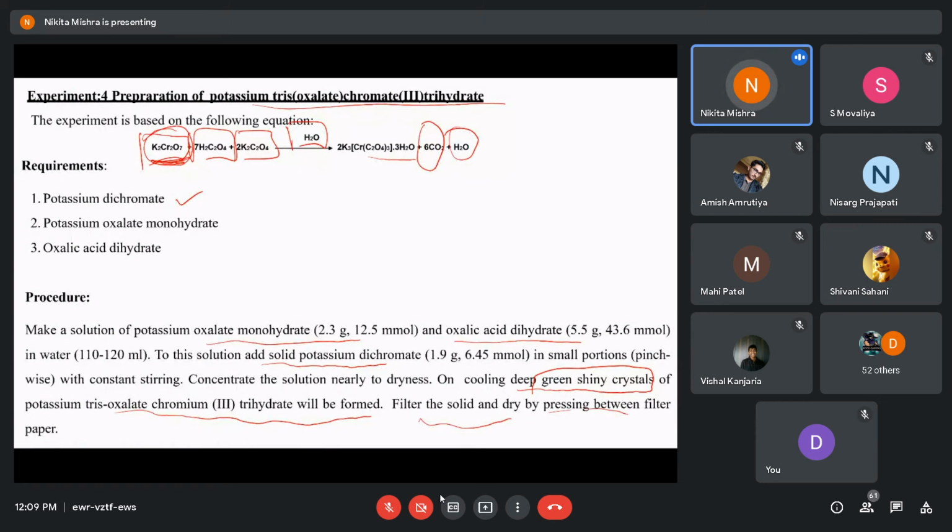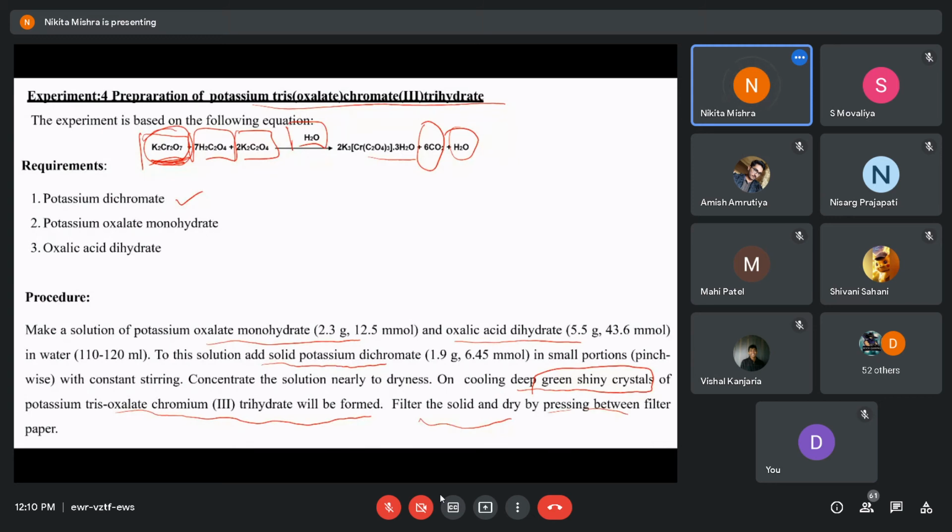So basically in all these preparations, as you all have the online exams, already the timetable is given for the internal online exam. What we need to see is, in which preparation, which kind of requirements are there, what is the general name of that preparation according to the molecular formula, and if the general name is given, then what is the molecular formula of that preparation.